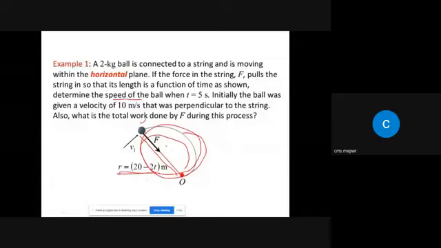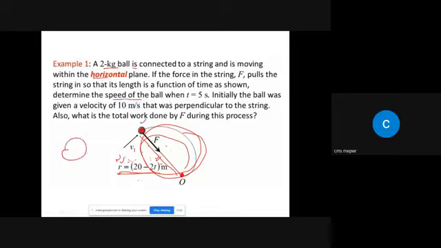r is equal to 20 minus 2t. For example, at any instant, if you want to find the radius the ball is following, you can put in that time. At t equal to 1 second, put t equal to 1 and you get the radius; at t equal to 5 seconds, put it in and you get the radius. The mass of the ball is 2 kg. It is connected to a string and is moving within a horizontal plane.